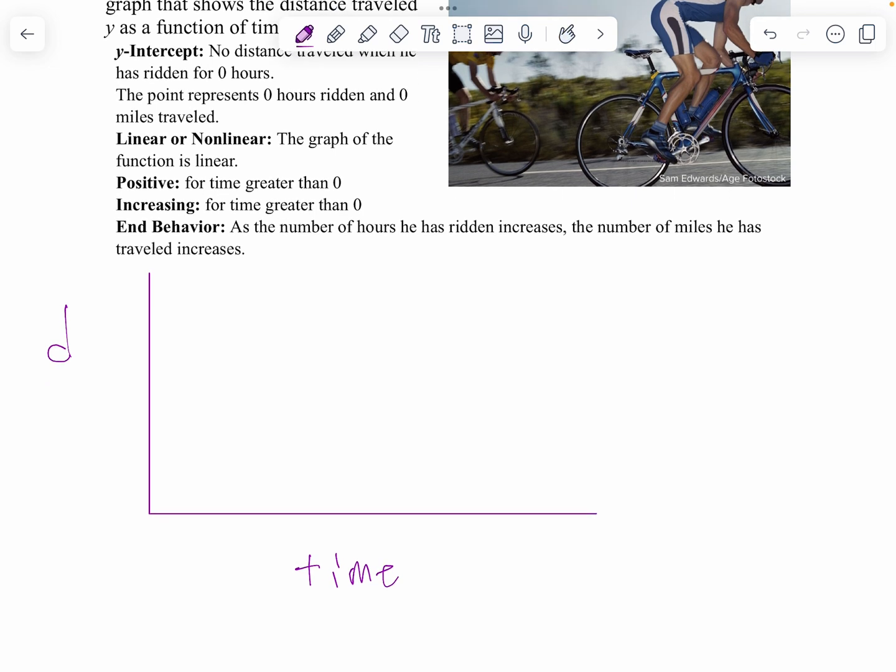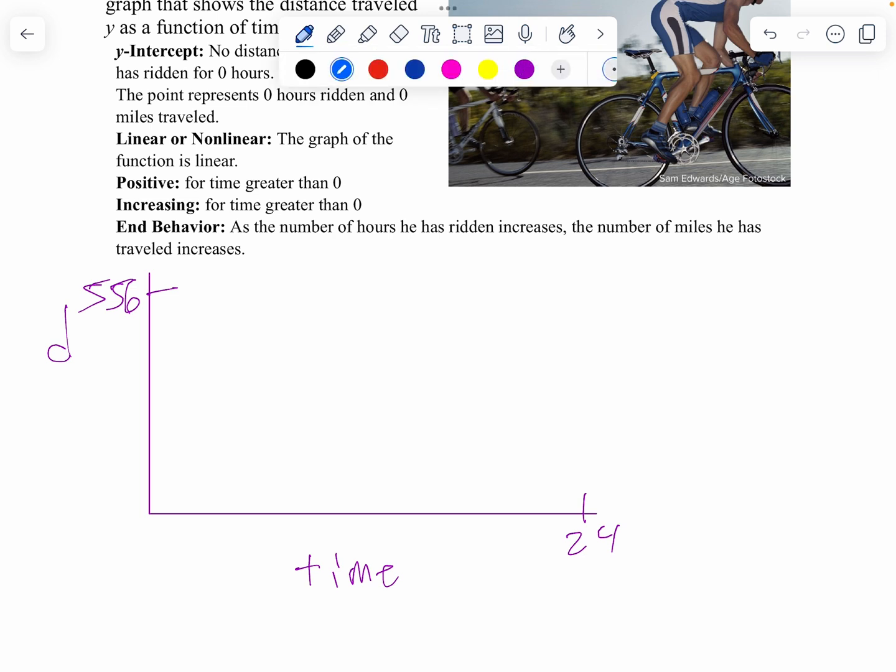So I know here's 24, and here is 556. We know the x and y intercepts are both 0. And I know it's linear, so that one made it kind of nice. I just draw a straight line going through those points.